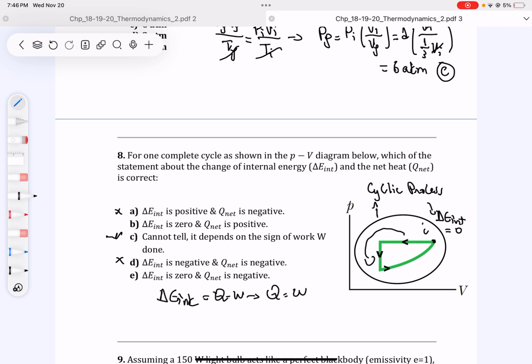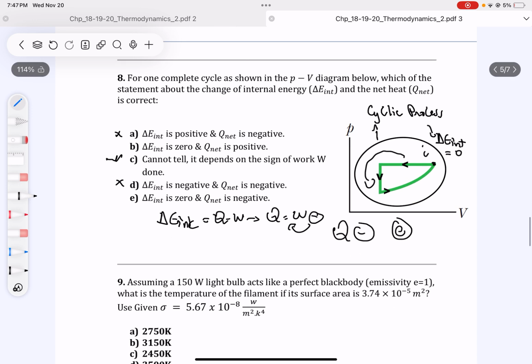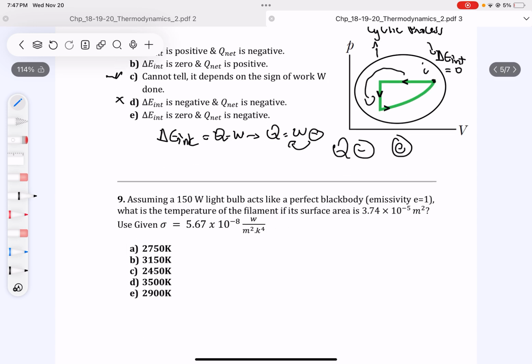If it is compressed, then it expands, then the work is negative. And because work and heat have the same value, then Q is negative. Then it's E.